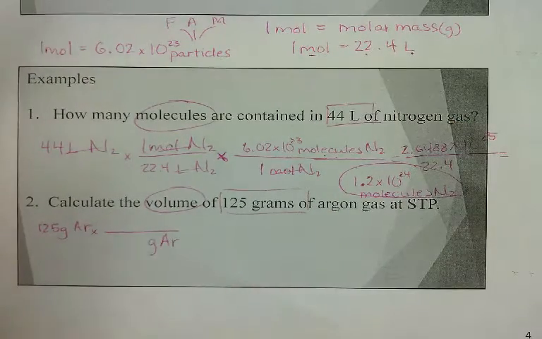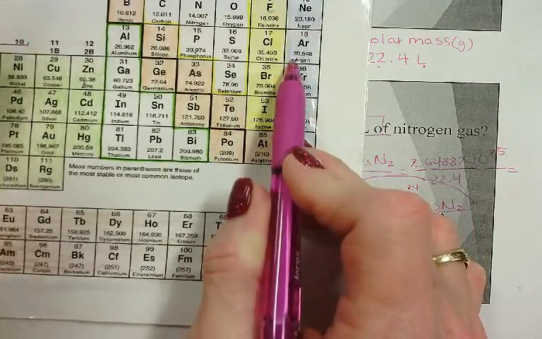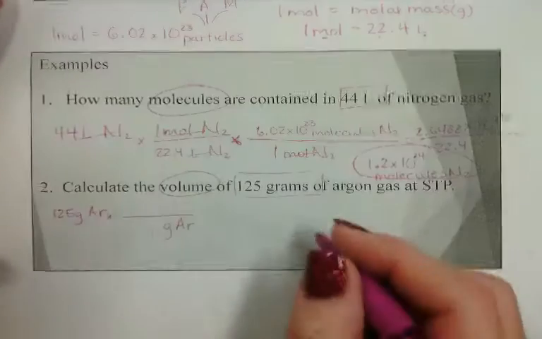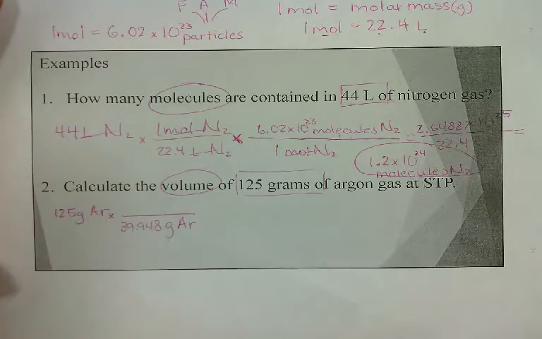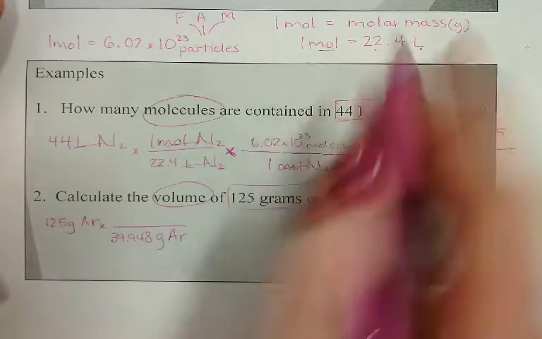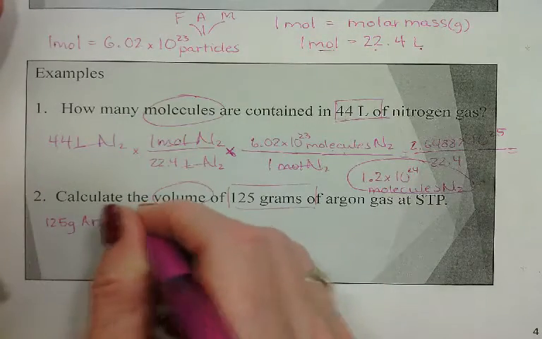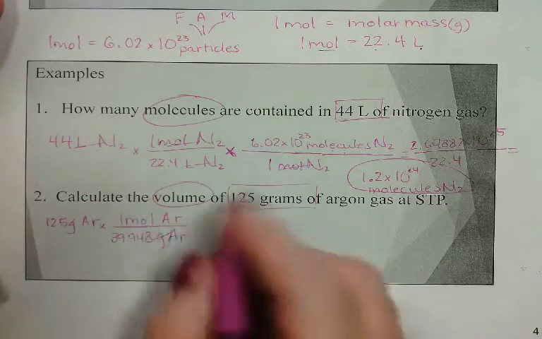What's the molar mass of argon? Find your periodic table: 39.948. What is the molar mass equal to? It's equal to 1 mole. So I put 1 mole of argon in the numerator. Cancel my grams.